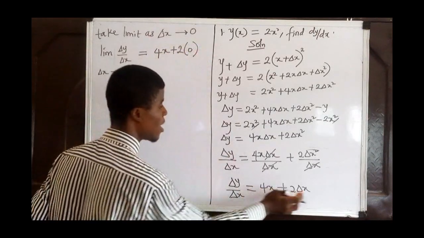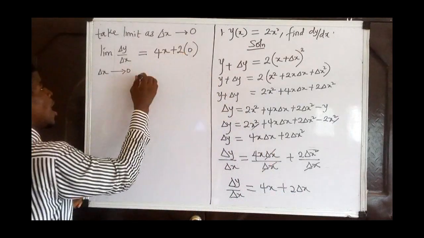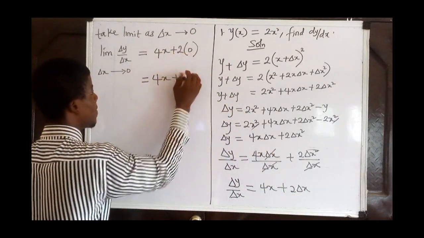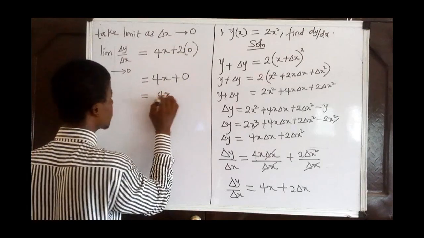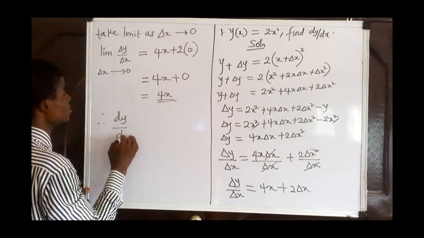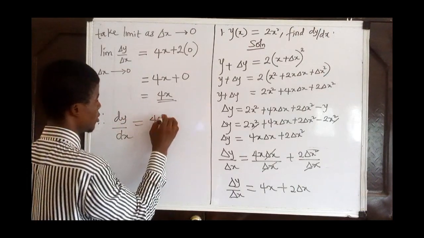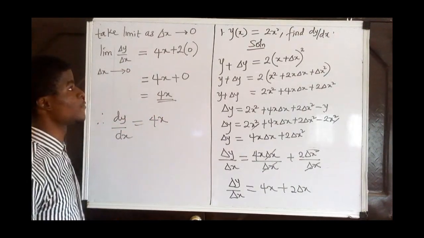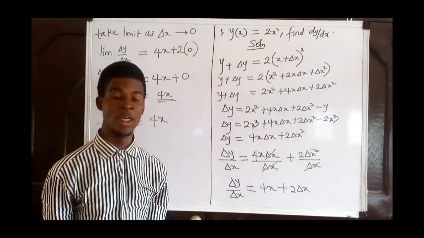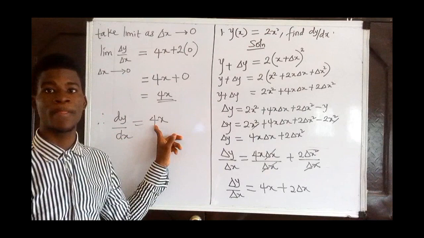Anywhere I see delta x, I write 0. And 2 times 0 is 0, and I have 4x. So therefore, dy/dx is 4x. The derivative of 2x squared by the first principle of differentiation is 4x.